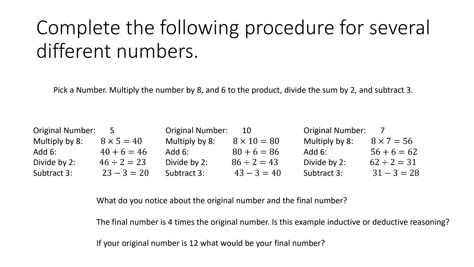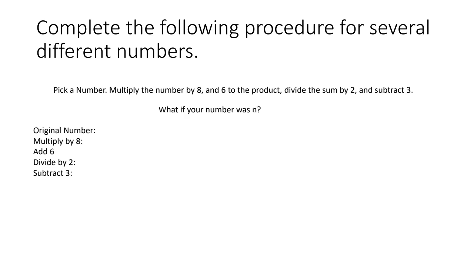It says, if your original number is 12, what would be your final answer? If my hypothesis is correct, I would multiply 12 times 4, and that would give me 48. So that would be my answer.